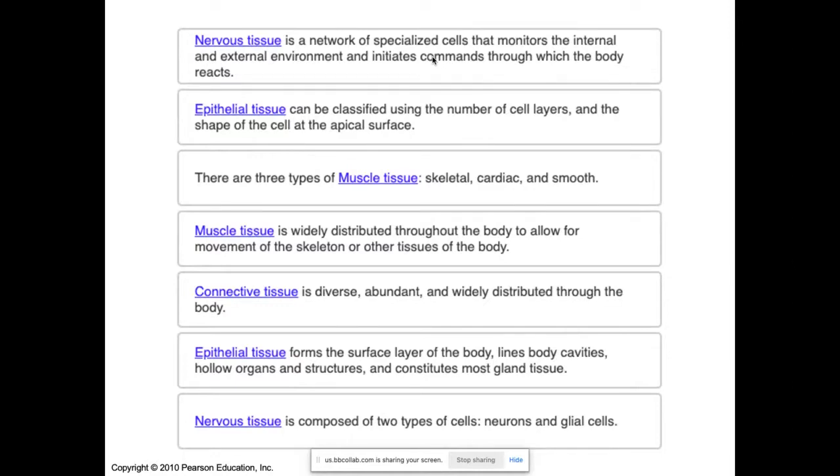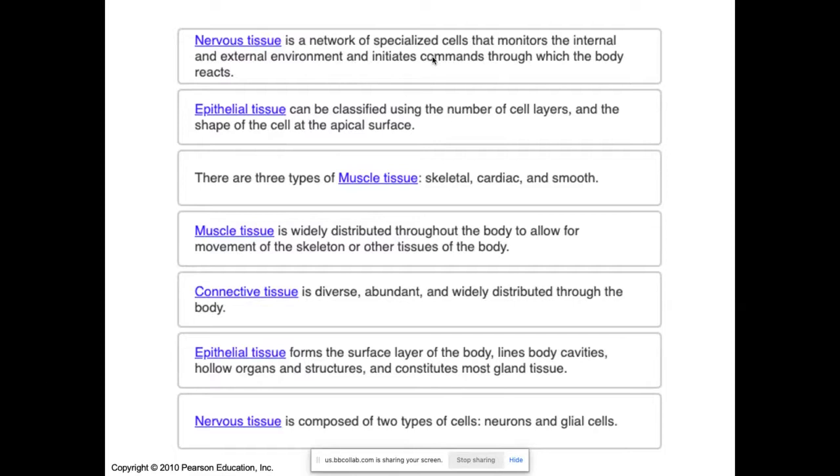That's what neural tissue does, because it receives sensory input, it processes that information, and then sends out a motor command. And the neural system is composed of these two primary cells, one that is electrically excitable and that conducts electrical activity called neurons.